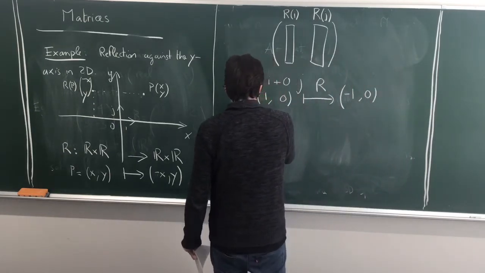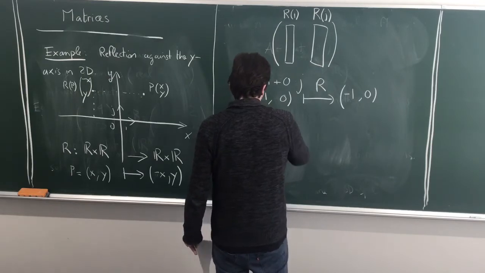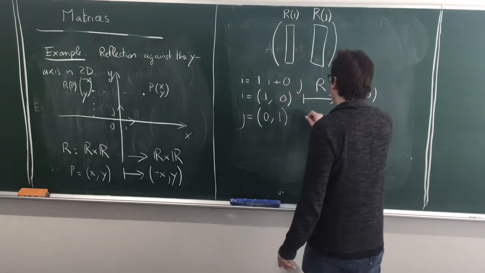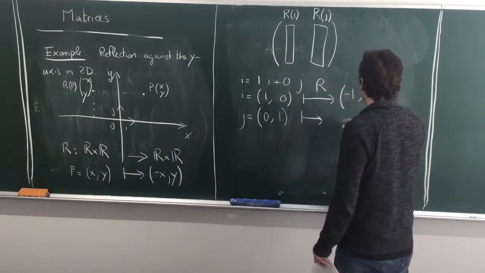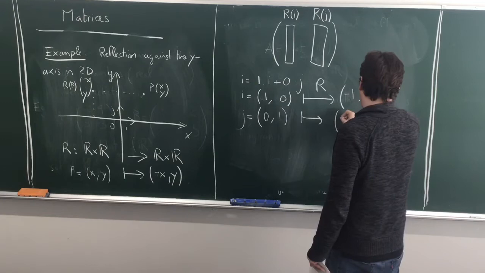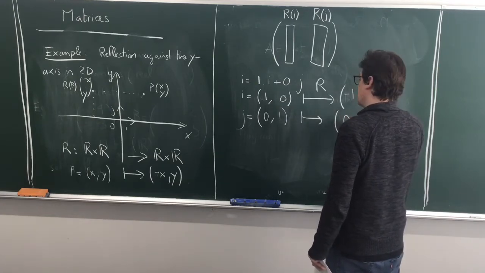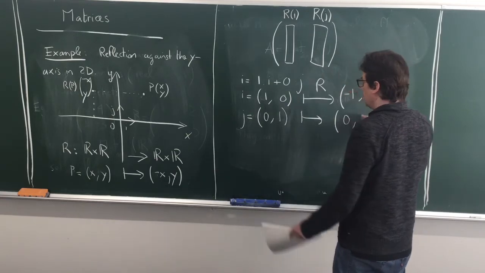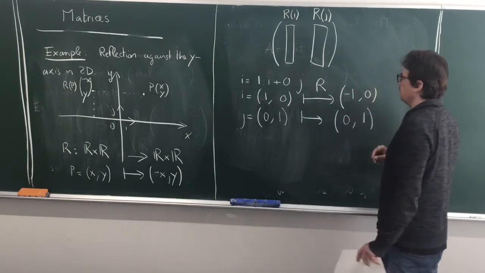On the other hand, vector j is a vector with coordinates (0, 1), and therefore it is sent by the same function to the vector with coordinates (0, 1), so the same, actually.